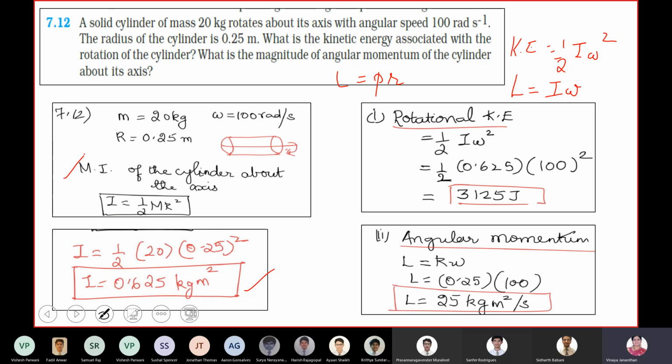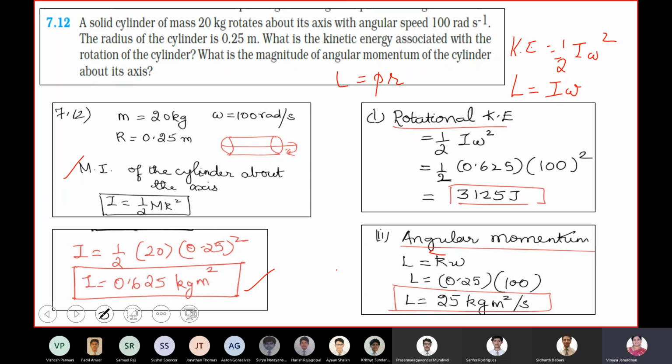The value is angular momentum. Because here it's I omega.